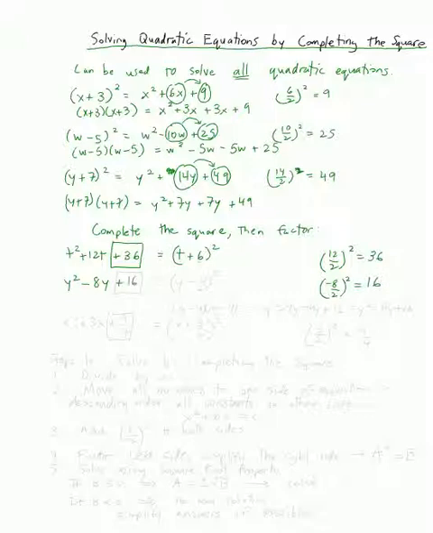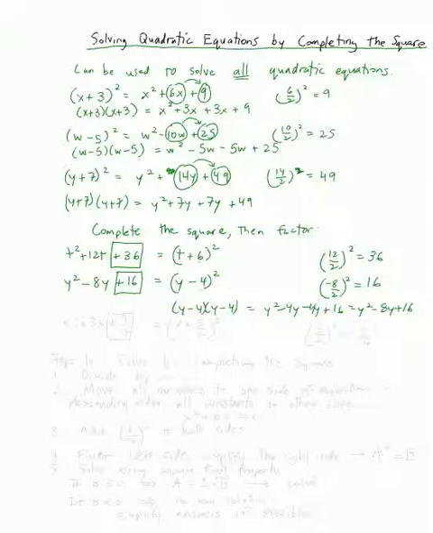So if I add 16 to this, notice now this becomes y minus 4 squared. You can always check that by multiplying y minus 4 times y minus 4 and seeing that you actually get what we started with. y squared minus 4y minus 4y plus 16, or y squared minus 8y plus 16. So notice it does work.